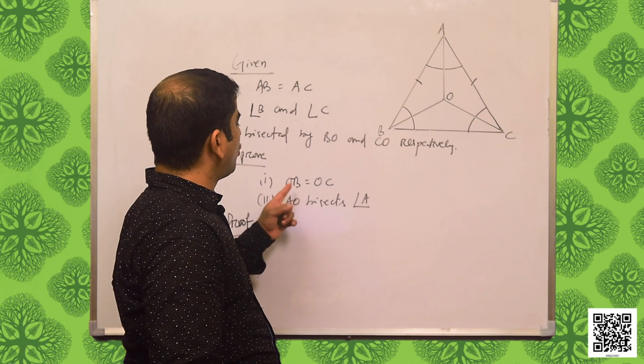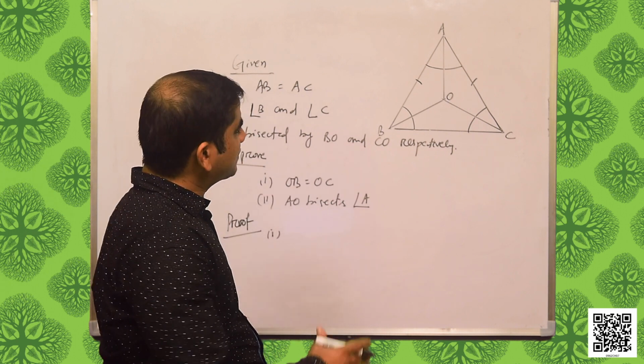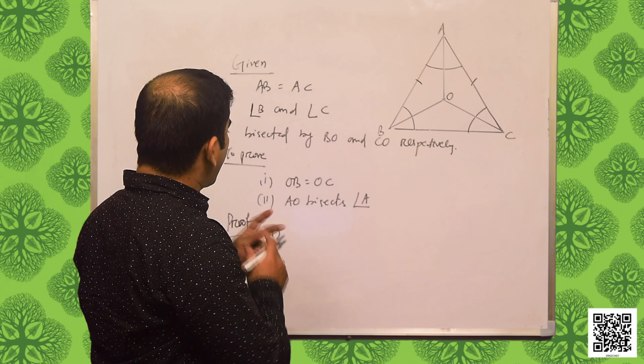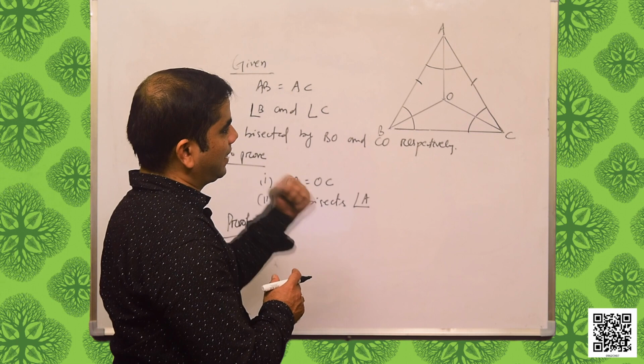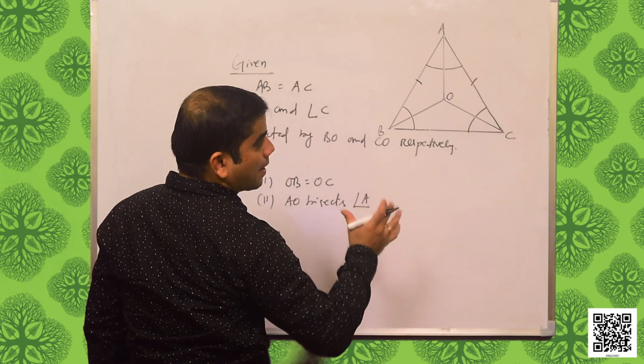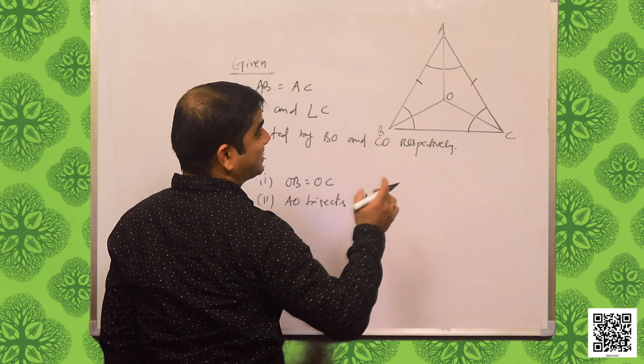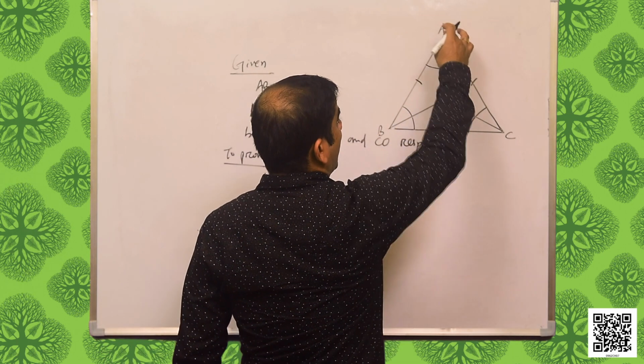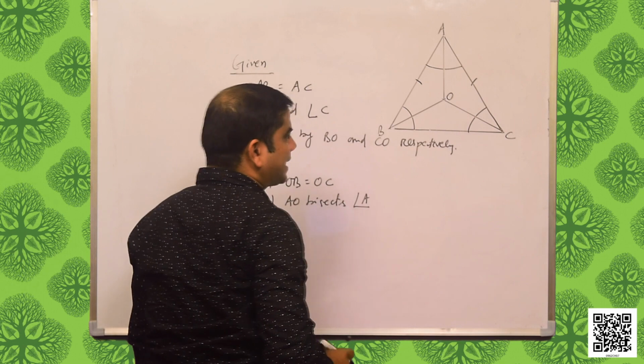We need to prove that OB is equal to OC. Let us first concentrate on where these two sides lie. OB and OC are parts of triangles AOB and AOC respectively.